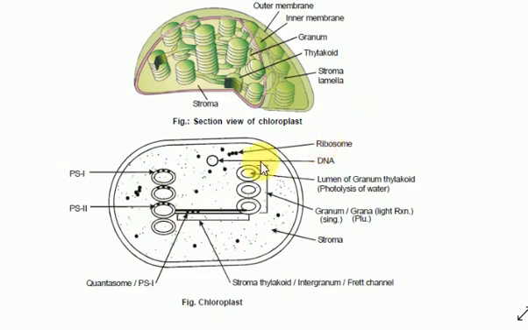You have ribosomes, DNA, lumen of granum. I can't say exactly that this is the actual appearance of the chloroplast. Of course, this diagram is not well seen. Maybe later I will find another diagram for you.